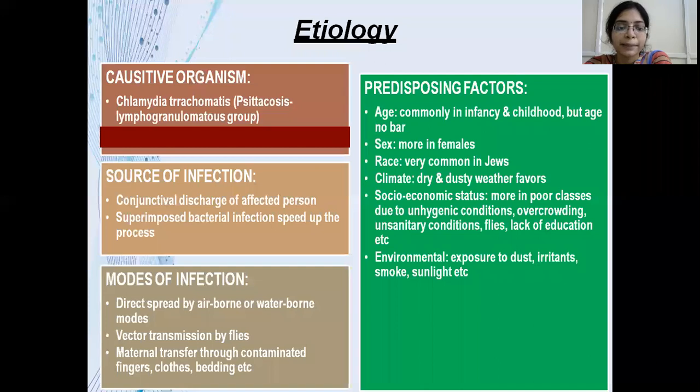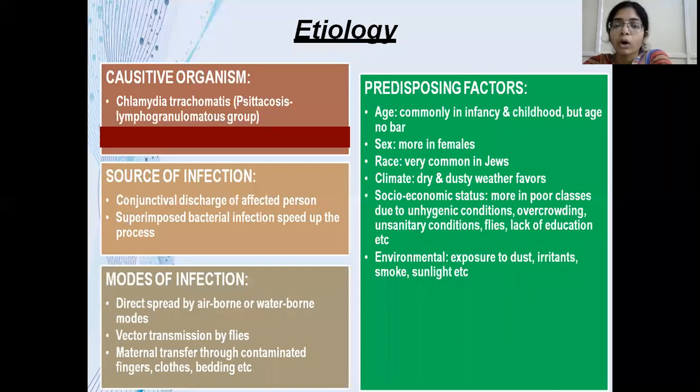It's not maternal, it's material transfer through contaminated fingers. So just putting your fingers in your eyes with trachoma and then touching some other person with the same fingers, or even sharing bedding, handkerchiefs, towels, or common kajal sticks or mascara, sharing all these common items will also lead to spread of trachoma.